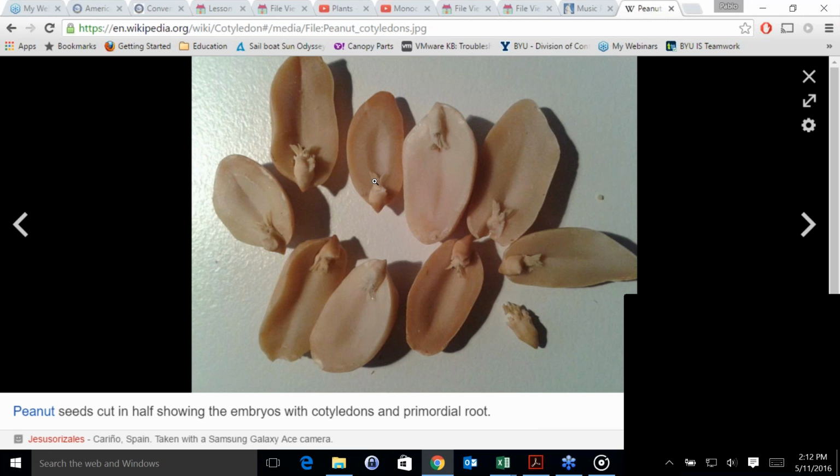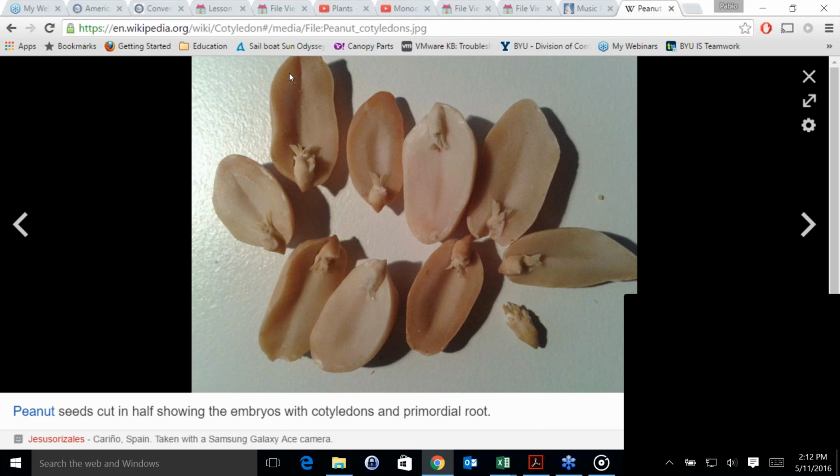Patrick says we eat them. Yes. Anna says, oh, that's what the little thing on the peanut is. Yes, that is the actual embryo.